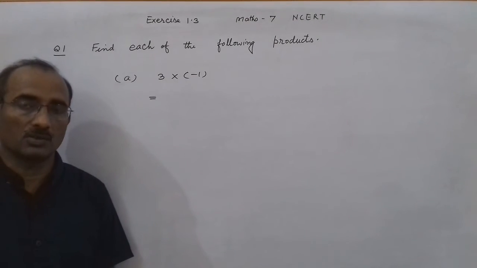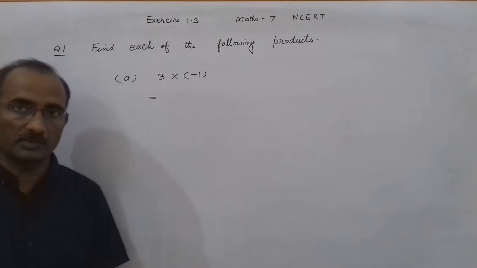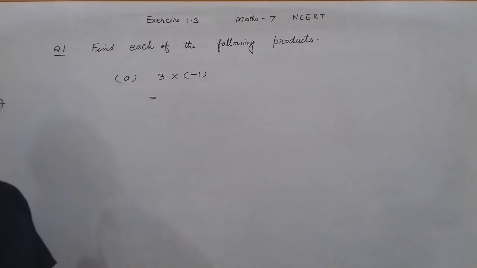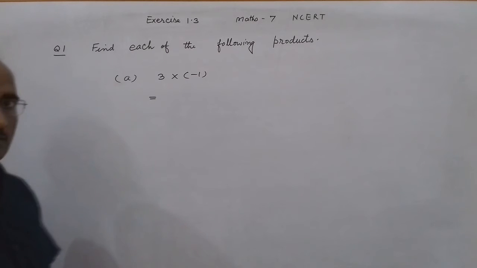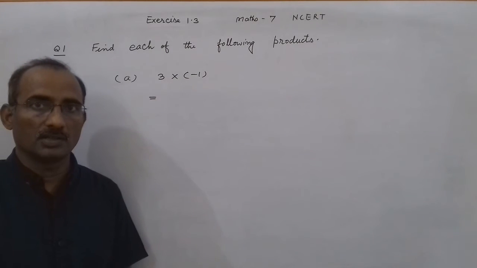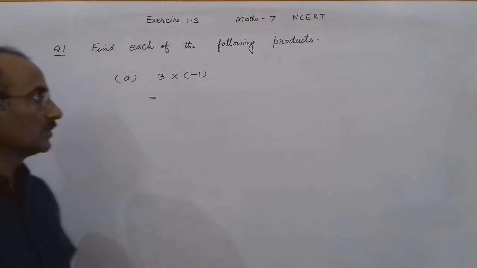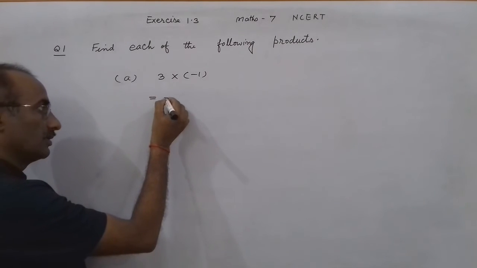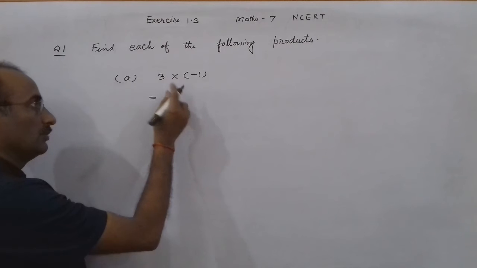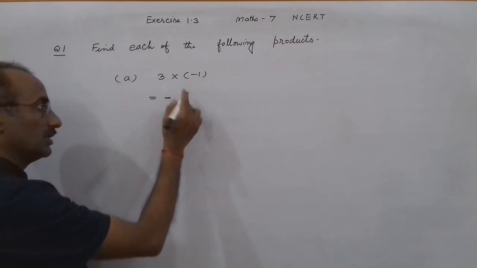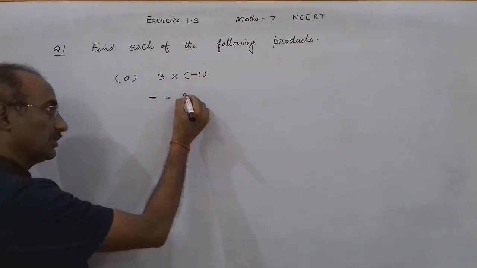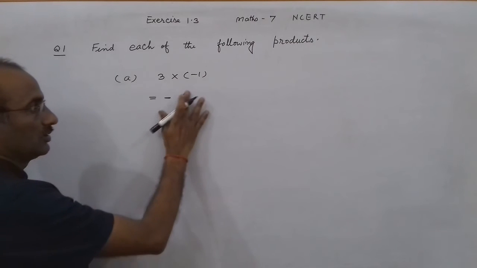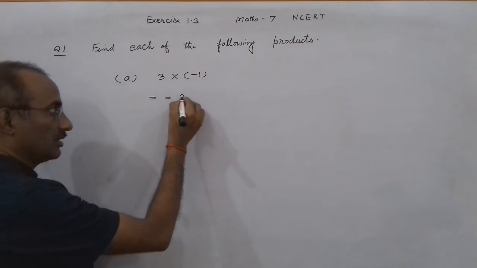The product of a positive integer and a negative integer is always a negative integer. So here we put a minus sign and then we multiply 3 with 1, so we get 3. So minus 3 is our answer.